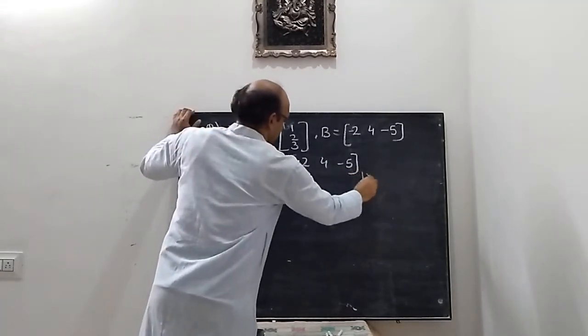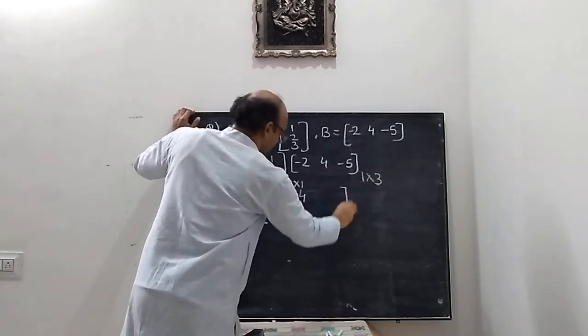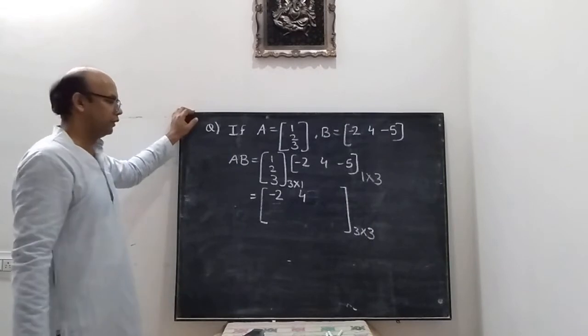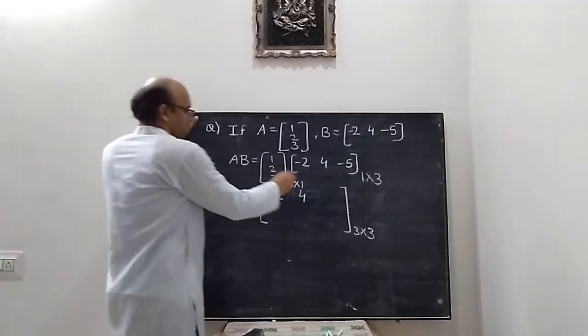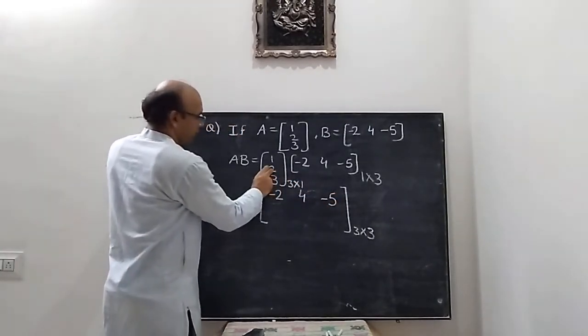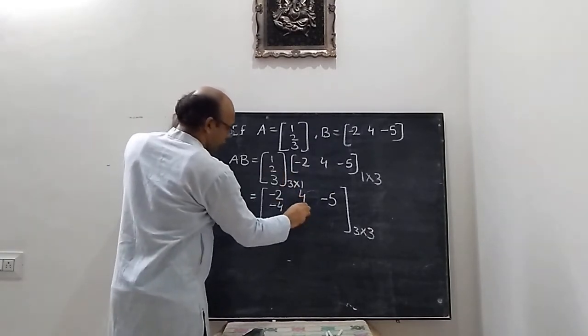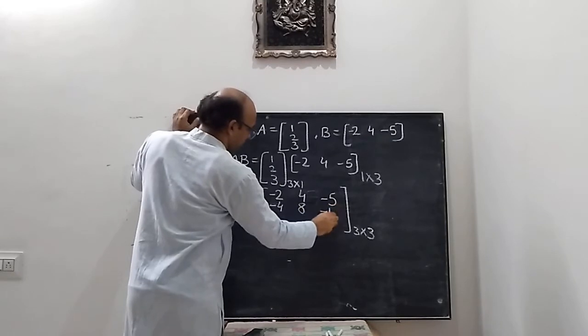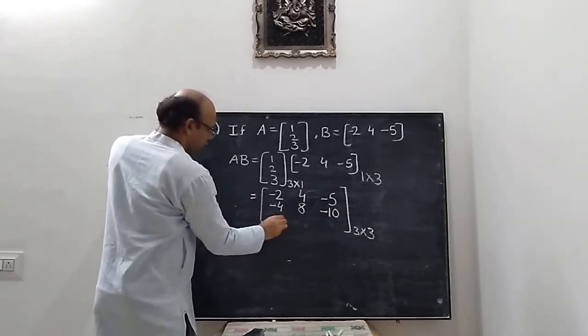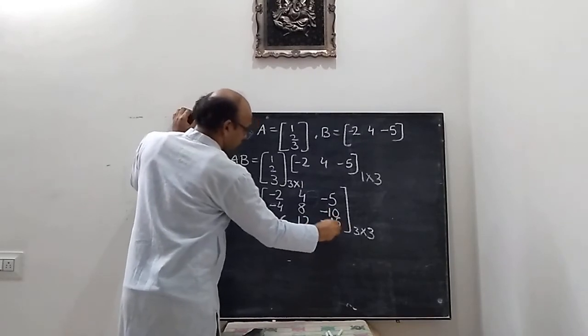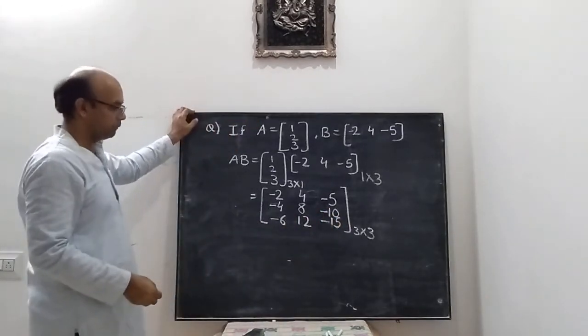This is 3 cross 1 and that is 1 cross 3, so the resultant matrix has to be of the order 3 cross 3. This is minus 5, then we multiply by 2: 2 into minus 2 is minus 4, 2 into 4 is 8, 2 into minus 5 is minus 10, 3 into minus 2 is minus 6, 12 and minus 15. This is A into B.